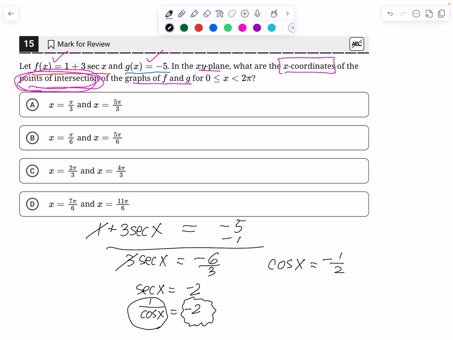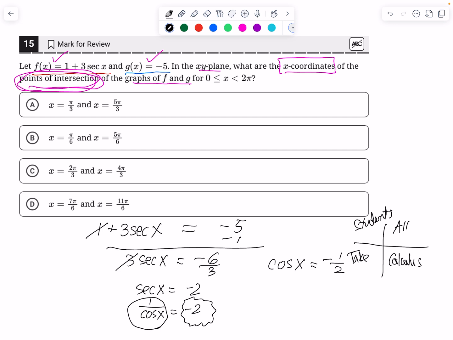So looking at cosine x equals negative 1/2, I think about the unit circle and the quadrants. All Students Take Calculus. That's an easy mnemonic device to help you remember what is positive in each quadrant.